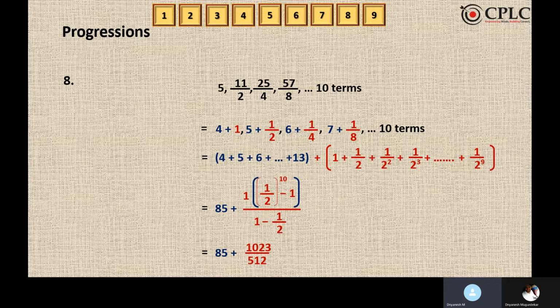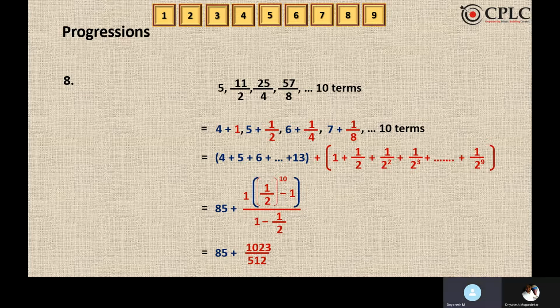Now, what is that? What the examiner is actually expecting you to do after this is to divide 1023 by 512 and convert it to a mixed fraction. So when you divide 1023 by 512, 512 ones are 512, and the remainder will be 511.